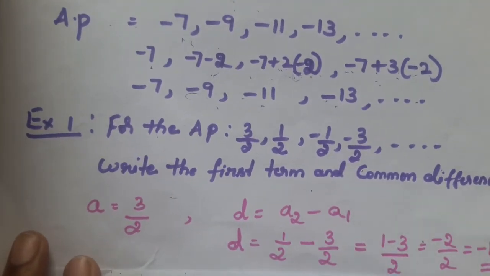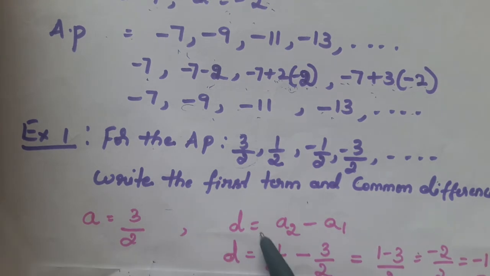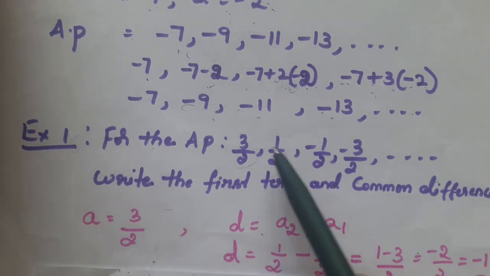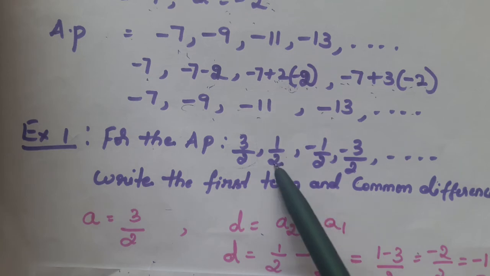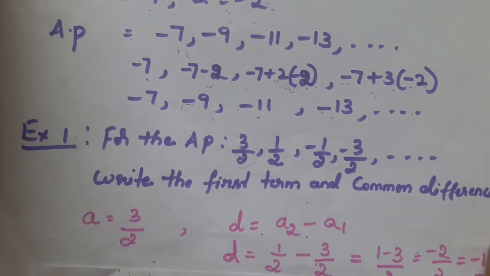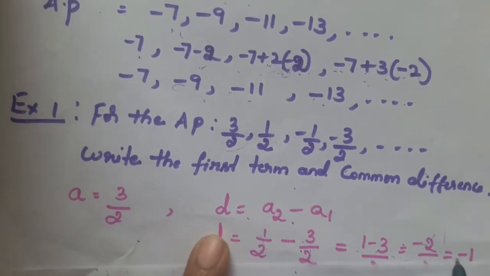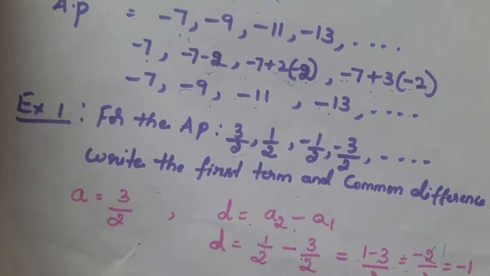Here the first term is 3 by 2, and the common difference is A2 minus A1, that is 1 by 2 minus 3 by 2. The denominator is the same, so 1 minus 3 is minus 2 divided by 2, and we will get minus 1.